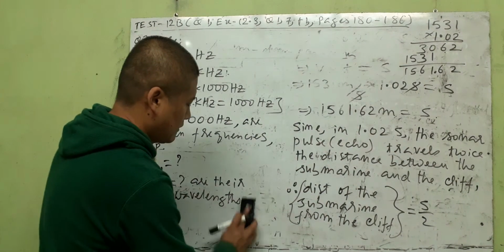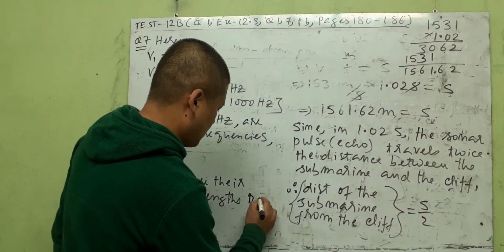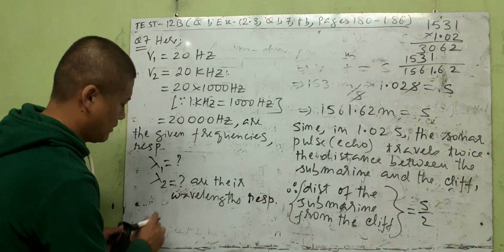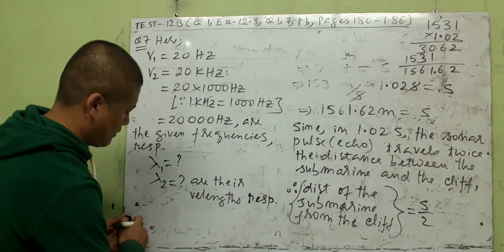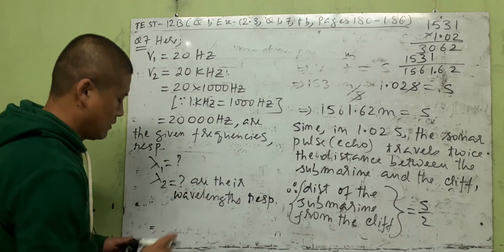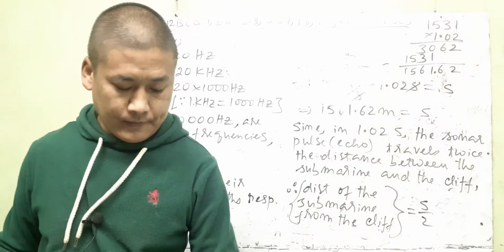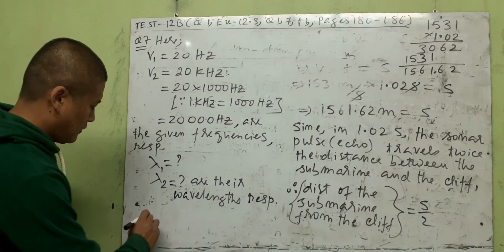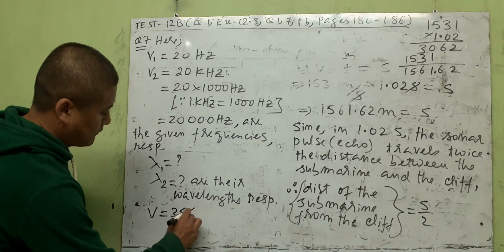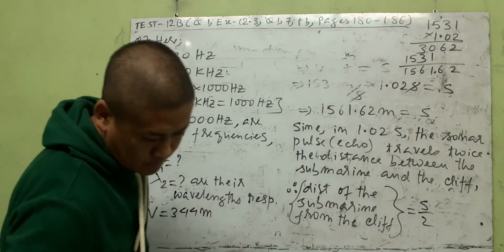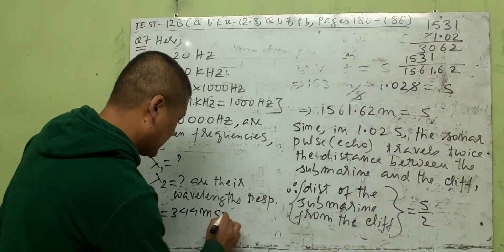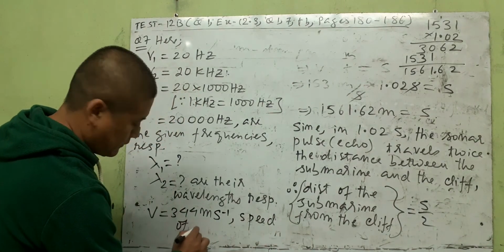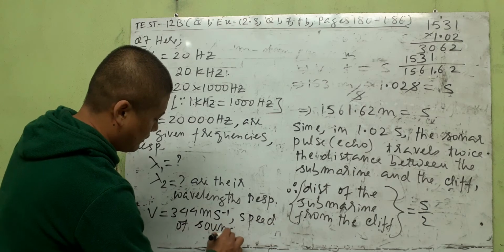Then the speed of the sound is given, which is v equal to 344 meter per second. This is the speed of the type of sound mentioned in the question.